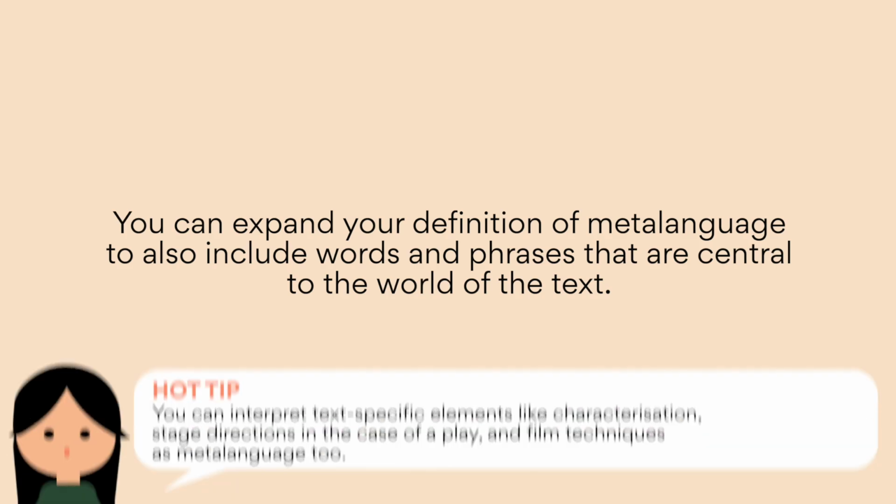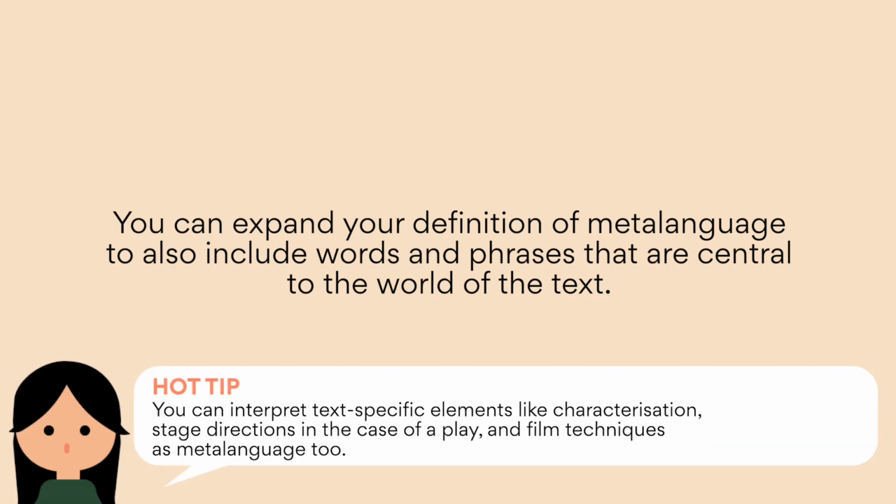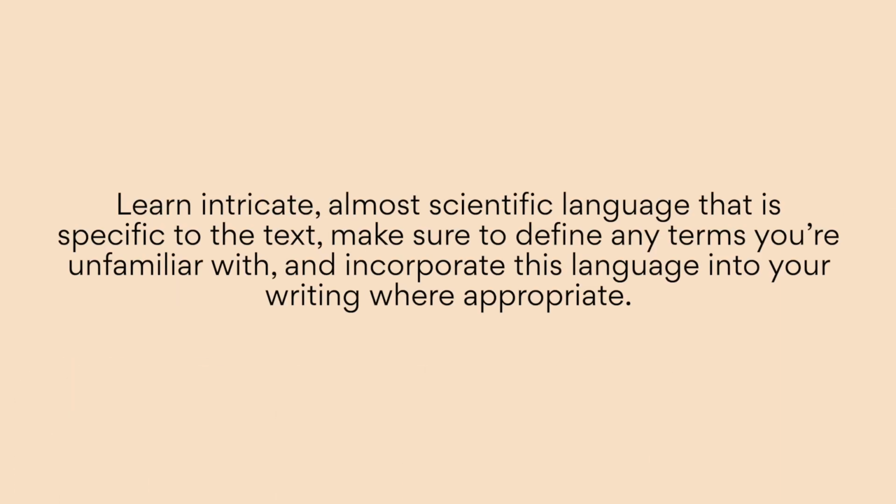This means that we can interpret text-specific elements like characterization, stage directions in the case of a play, and film techniques as metalanguage too. The key here is to learn intricate, almost scientific language that is specific to the text, and make sure that you define any words you're unfamiliar with and incorporate this language into your writing where appropriate.